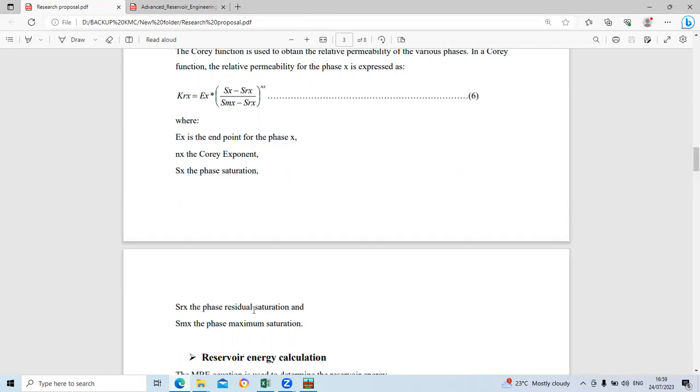We have the phase residual saturation, and if this is water, we'll be talking of irreducible water saturation. Then here is the maximum phase saturation. Then nx, which is what we have there, is what we call the Corey exponent. Most of these parameters are measured in the lab.